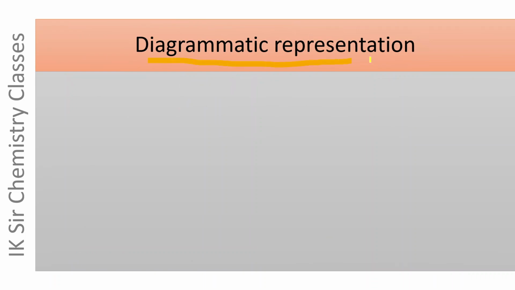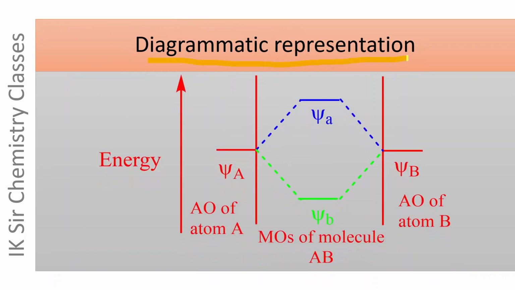Diagrammatic representation. Psi A is the atomic orbital of atom A, while psi B represents the atomic orbital of atom B. These two atomic orbitals take part in linear combination producing two molecular orbitals. It is psi b.